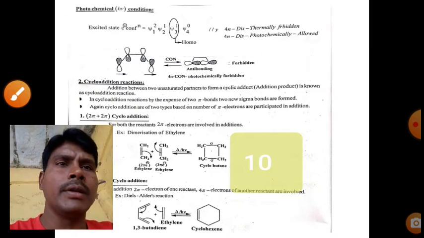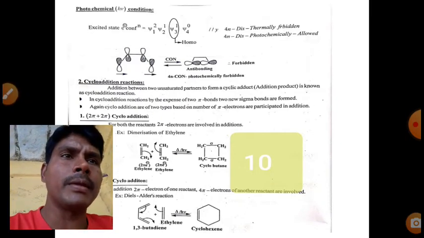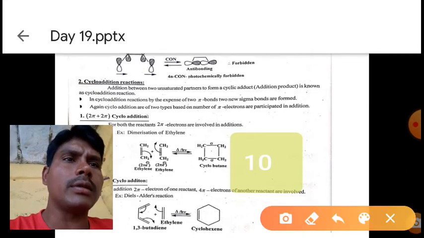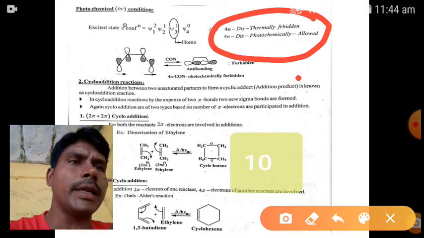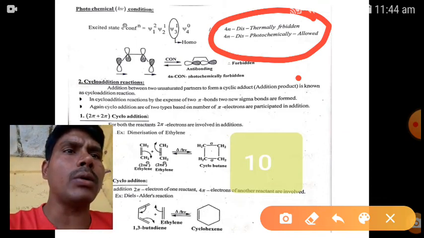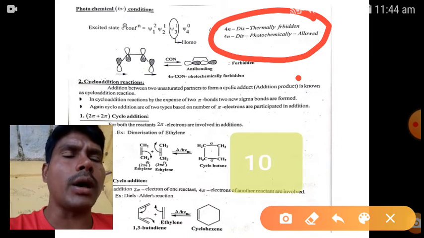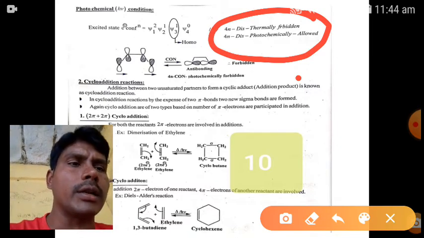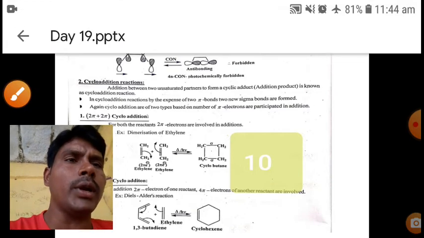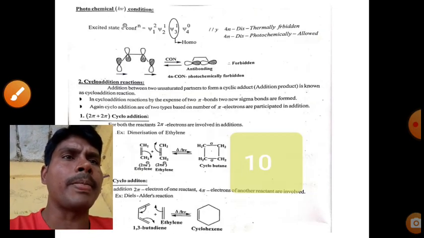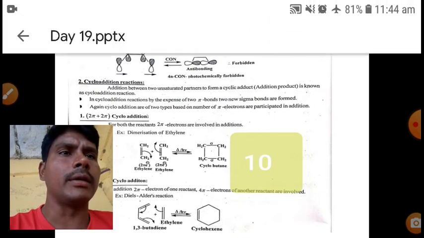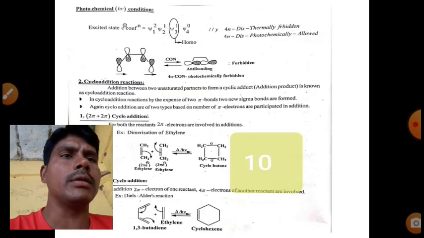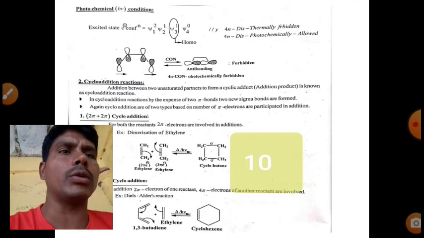So here there is a mistake in the material, you examine this diagram once again. The total result is written here: 4 pi system, disrotation thermally forbidden; 4 pi system, disrotation photochemically allowed.